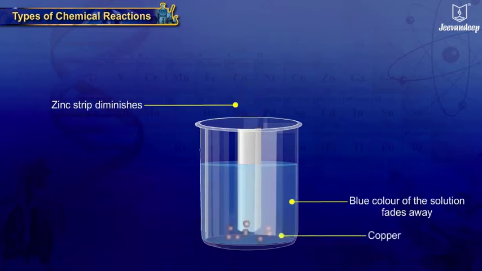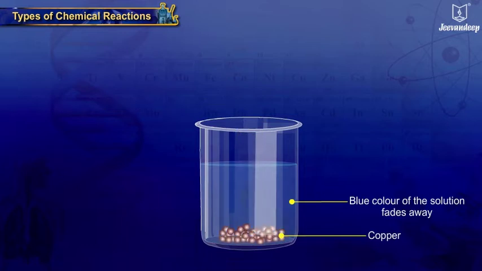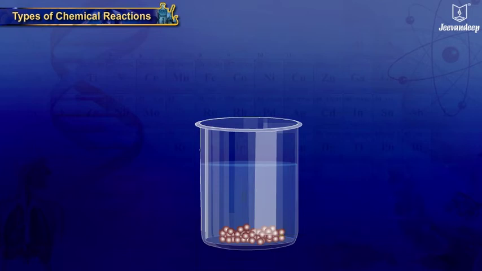The blue color of the solution fades away and copper particles are deposited at the bottom of the solution in the beaker. Thus, we infer that more reactive zinc has displaced less reactive copper from its compound.